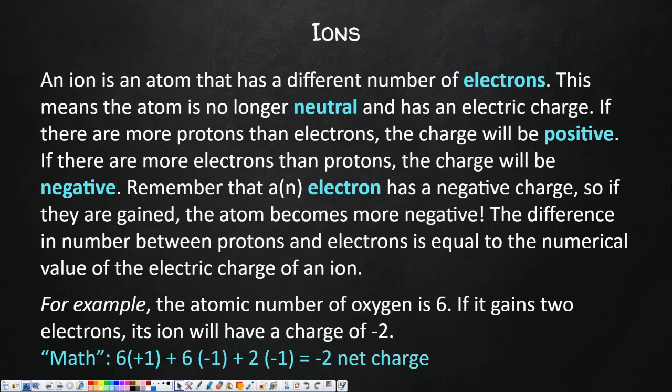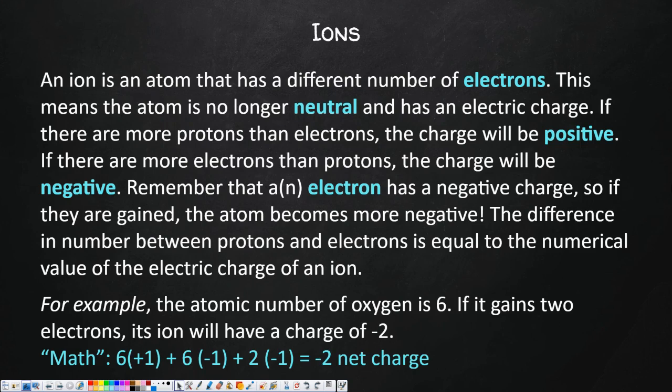So the number of protons cannot change, because if my number of protons changes, my atomic number changes, which would mean my element on the periodic table would change. I can't go from having 5 protons in boron and then gain another proton somehow and have 6, because I wouldn't be boron anymore. Now I would be carbon, because carbon has the atomic number 6. Okay, so it has to be the electrons that are changing.